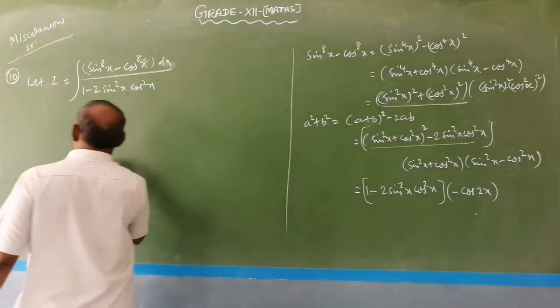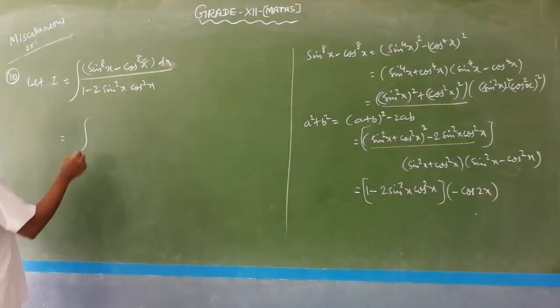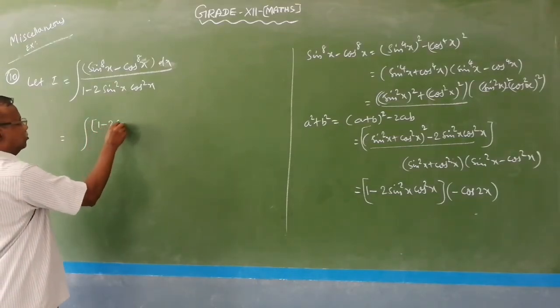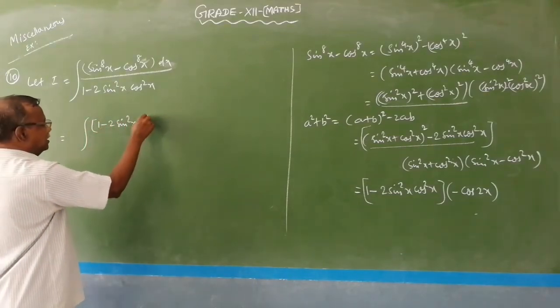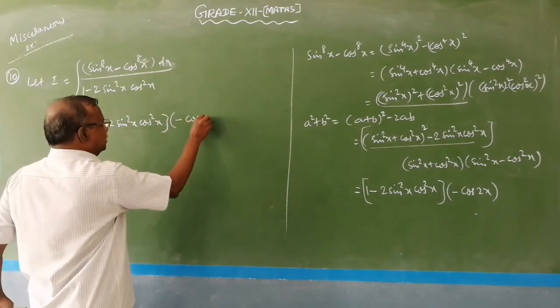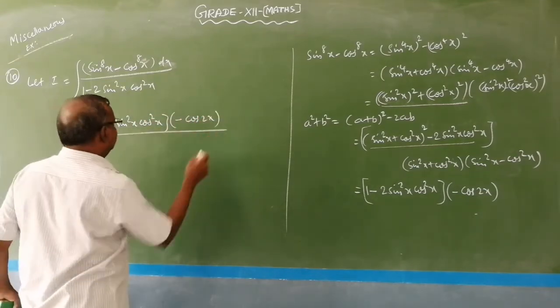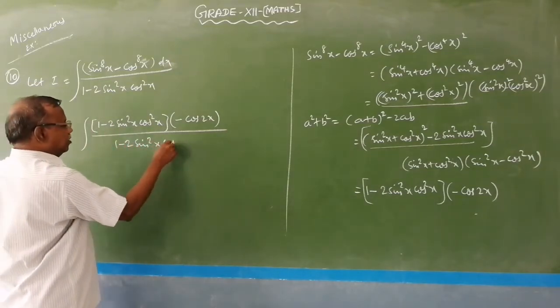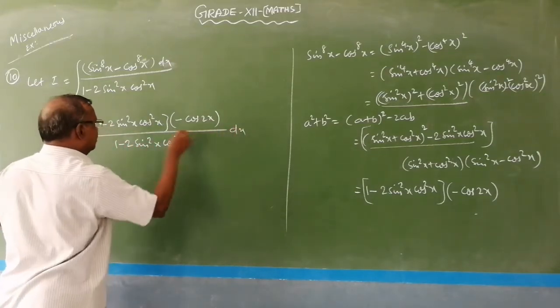Now, substituting the numerator, we have 1 minus 2 sin square x cos square x into minus cos 2x divided by 1 minus 2 sin square x cos square x into dx.